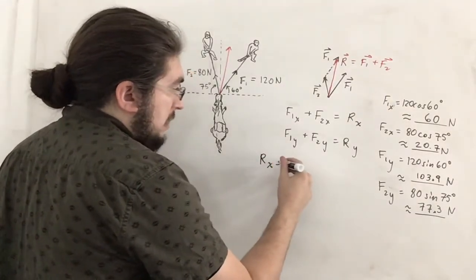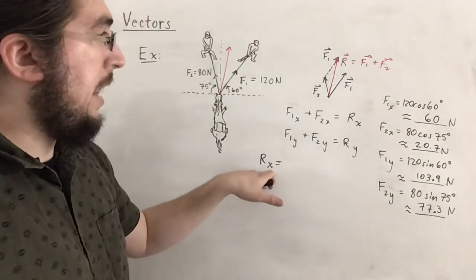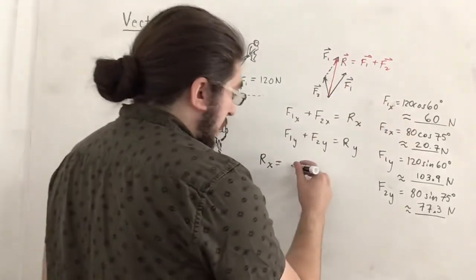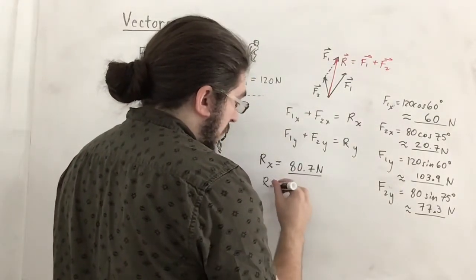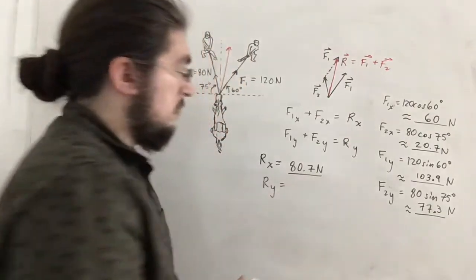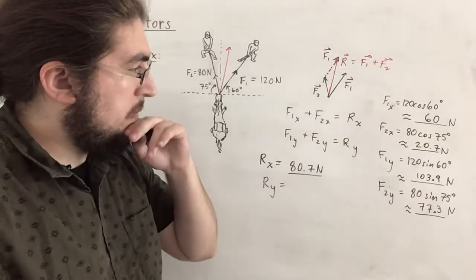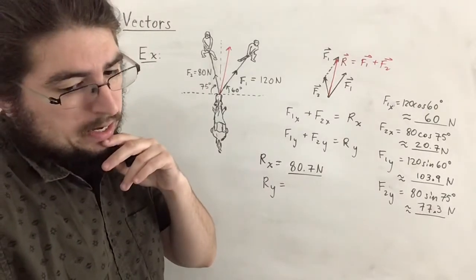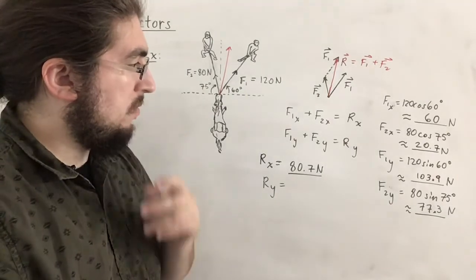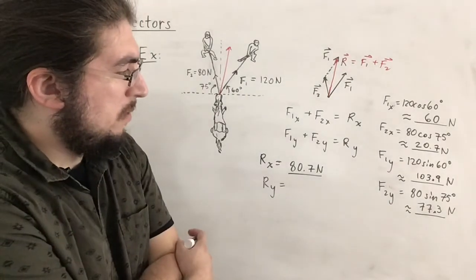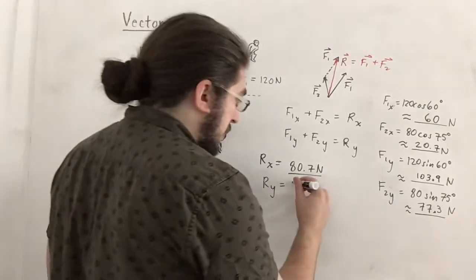So if I add the x's to find out what Rx is, we're going to add these two together, we'll get 80.7, and that's in newtons. And for Ry, for the y component of this resultant vector, adding the y's, we got 103.9 plus 77.3, so that's going to be in total 181.2, I think.